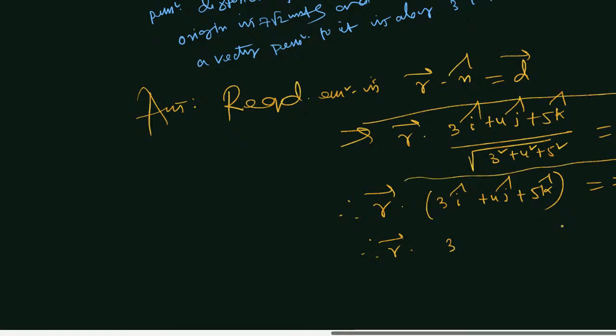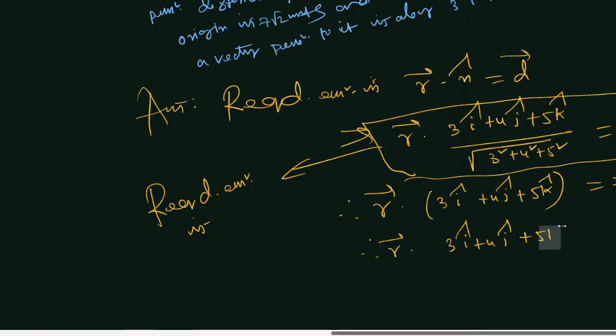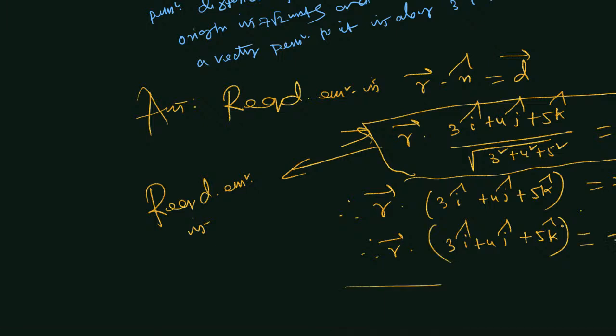This is the required one. I am simplifying. The equation is this: R dot (3i plus 4j plus 5k) is equal to 70.